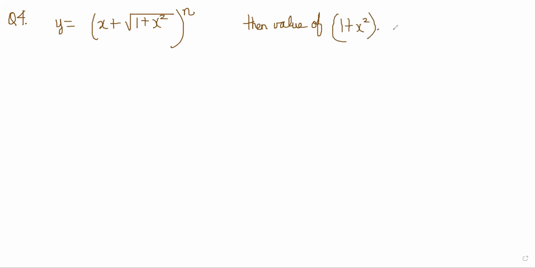If y is equal to (x plus root over 1 plus x square) to the power n, then the value of (1 plus x square) multiplied by d square y by dx square plus x into dy by dx is equal to what? So this is straightforward. You guys should be able to do it.